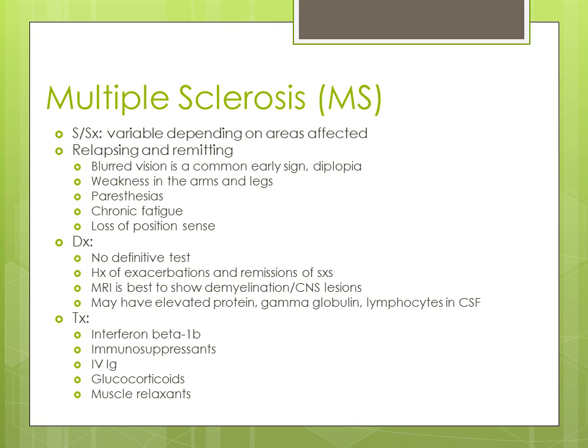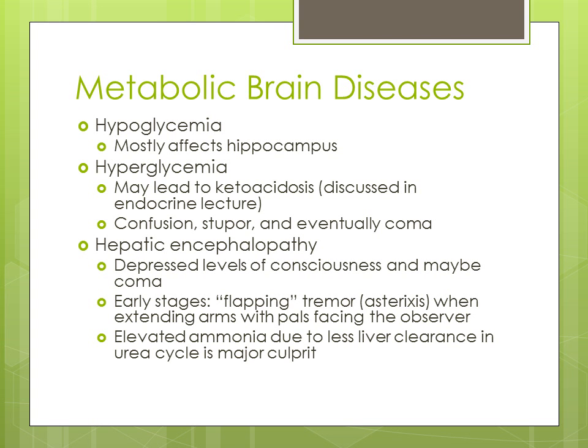And treatment, they'll do interferon and various immunosuppressants like the intravenous immunoglobulin and glucocorticoids. They also do use muscle relaxants because you can get some hypertonicity of the nerves because of that upper motor neuron lesion activity.